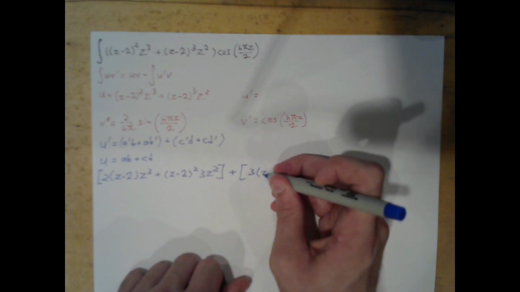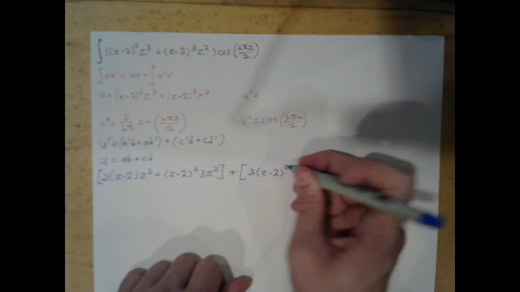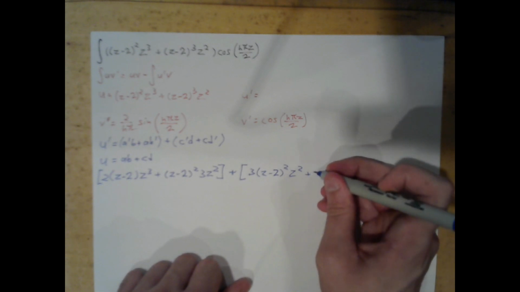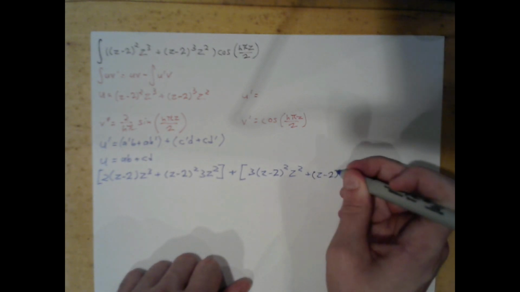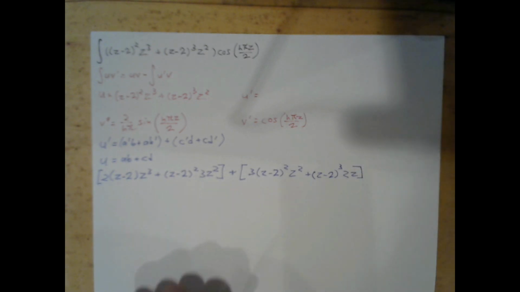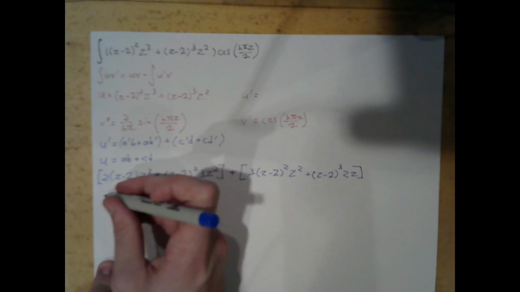Okay, we're going to get 3z minus 2 squared, z squared plus z minus 2 cubed, 2z. Alright, so now we have that entire thing. So we're going to simplify here.